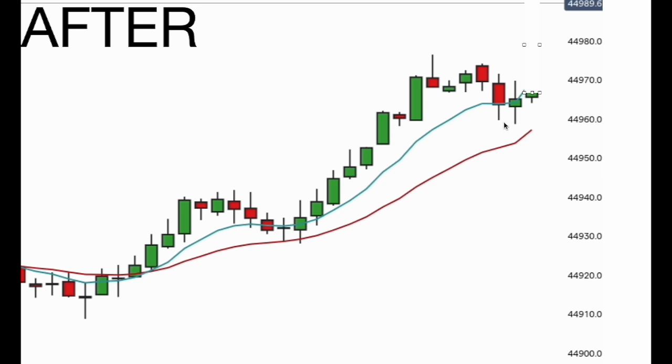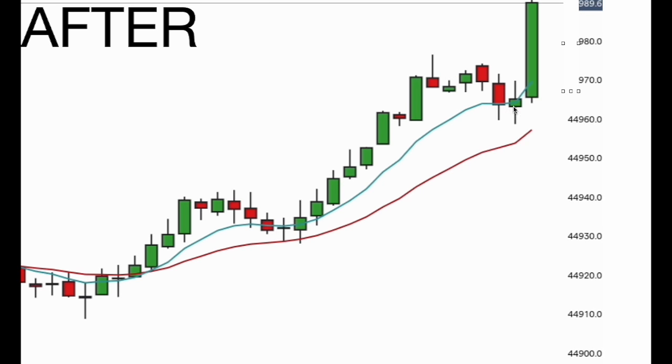So price goes down, closes here above the 8 EMA, but very close to it. Price goes down with a little bit of red, goes up with green. That's my gold system entry, and that's how it finished. Okay, so this is what we're looking for.